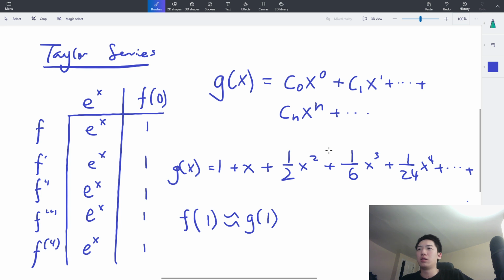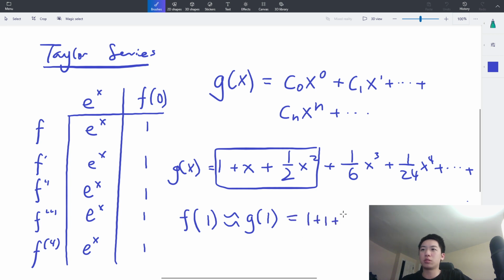And let's just take like the first 3 terms. So kind of looks like we have 1 plus 1 plus a half. Okay, so that gives us 1 plus 1 plus 1 over 2 equals 2.5.